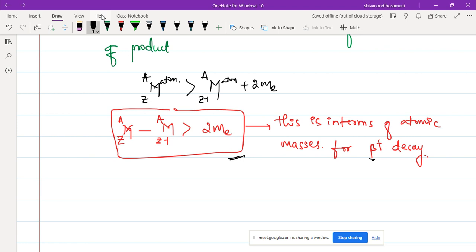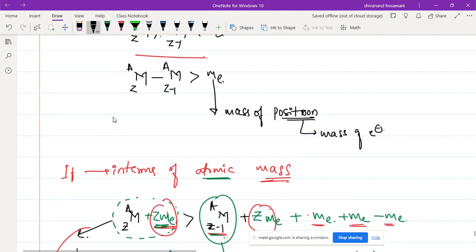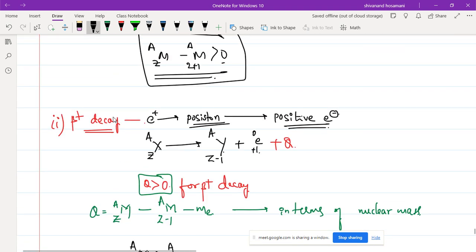Then the next part is about separation energy of the last neutron. See, we got the condition for what exactly beta plus decay is. Beta plus decay is nothing but emission of the positron. So always look at these expressions. Look at the conservation of atomic numbers and mass numbers. Atomic number Z, Z minus 1. To conserve this one as Z, we need to add plus 1 here.